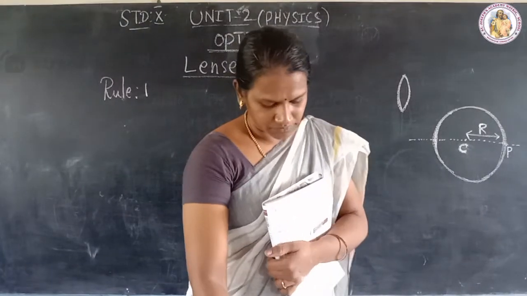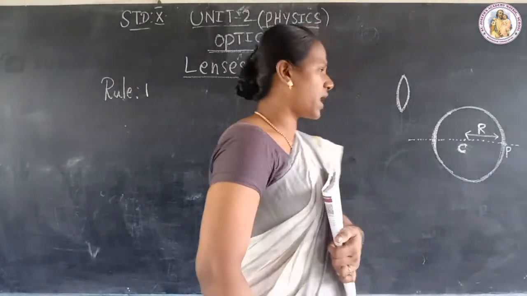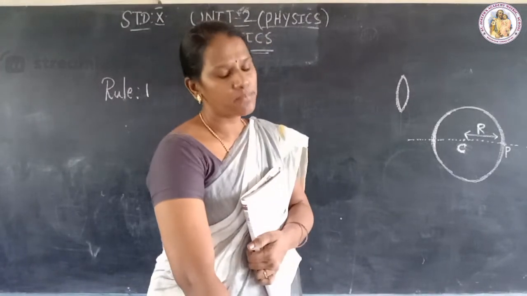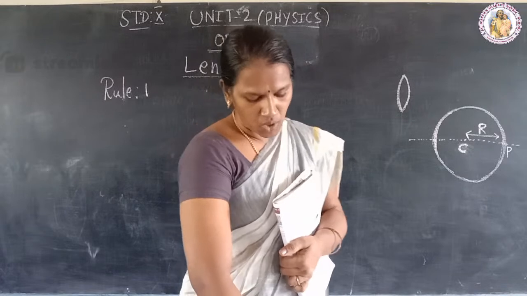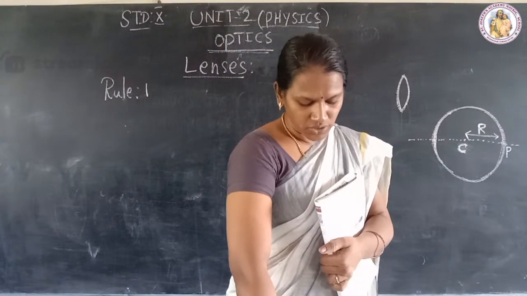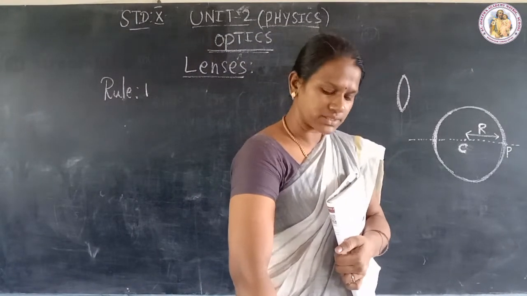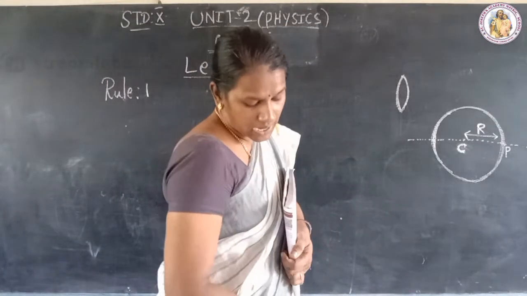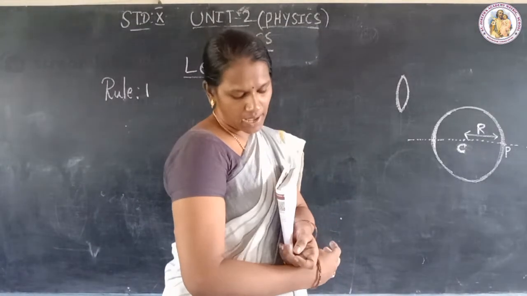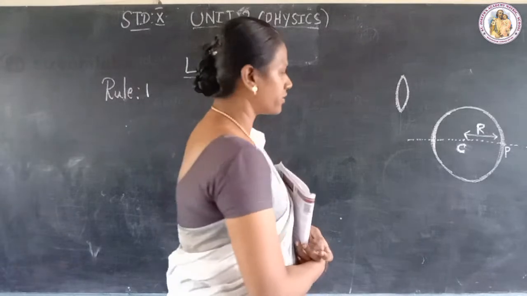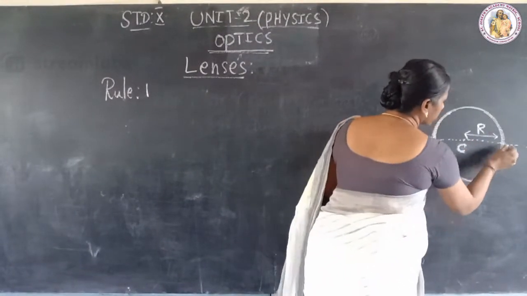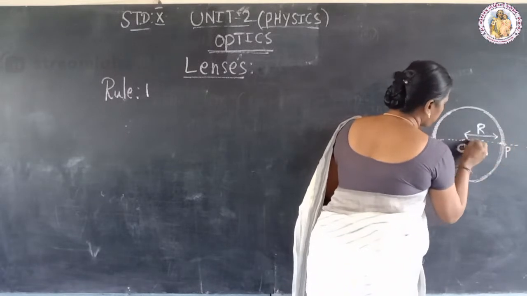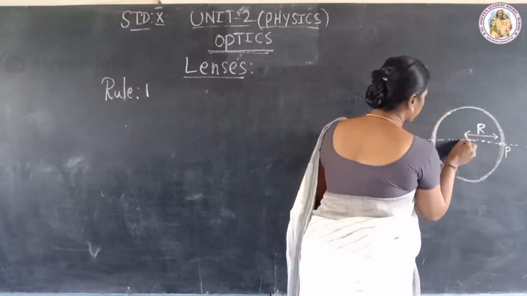Next, the principal axis. The line joining the pole of the mirror and the center of curvature is called the principal axis. So what is the principal axis? The line which is joining the center of curvature and the pole.